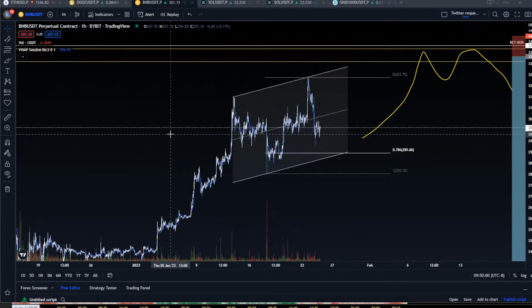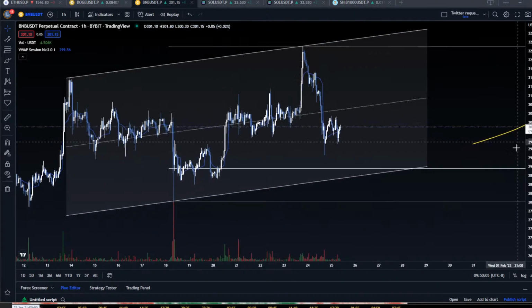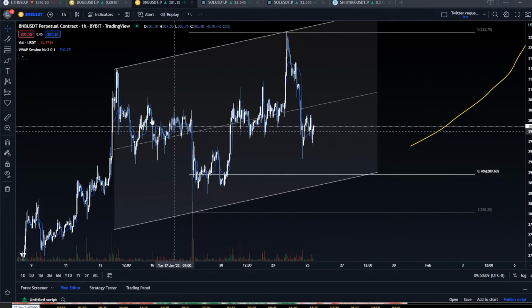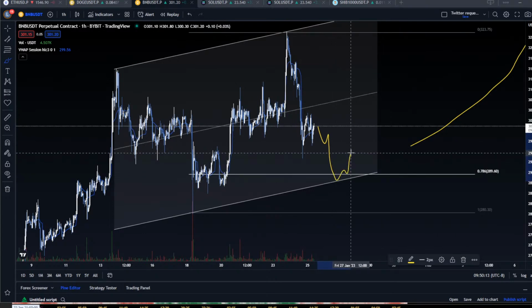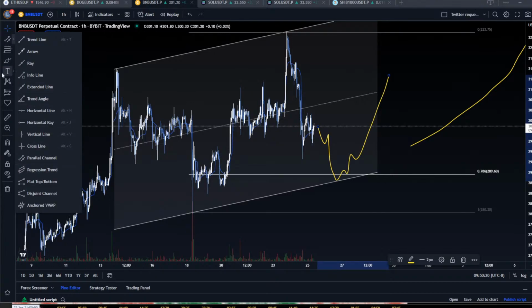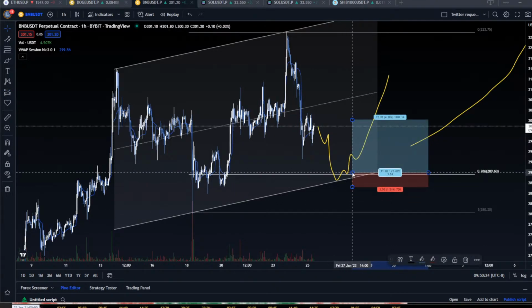Just curious. Maybe there's some ideas to find longs in this local range, targeting up into the level overhead.